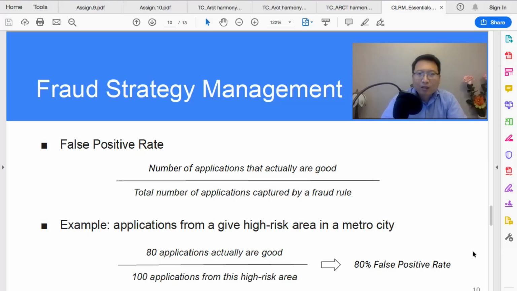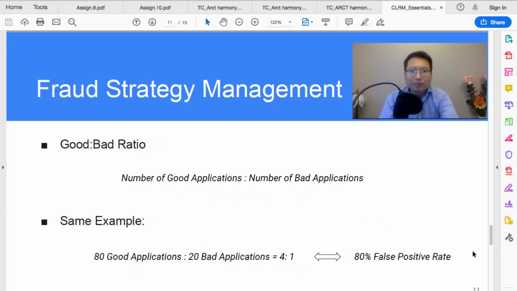But still, the good thing is that you capture 20%. The bad thing is that you are upsetting 80% of good customers. It's always a balance. A similar metric is the good bad ratio. It's the same idea, just a different way to measure this.